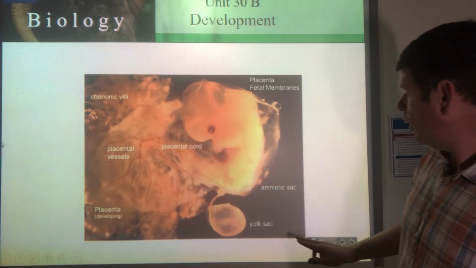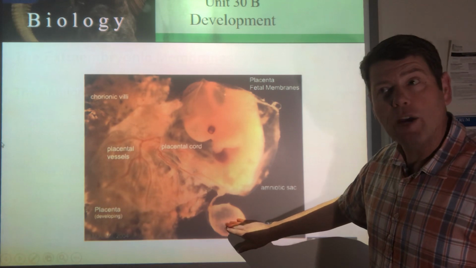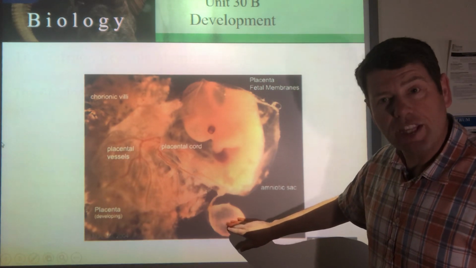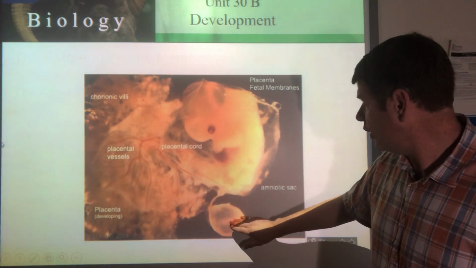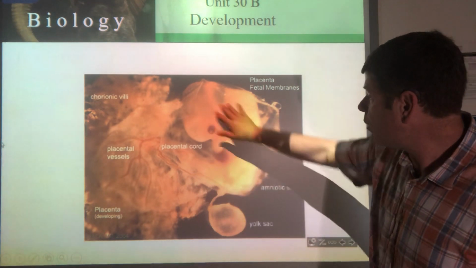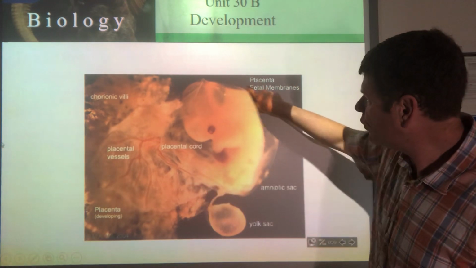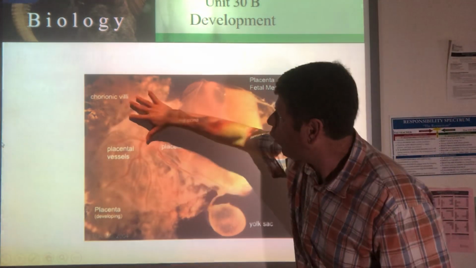Okay, so we also have what's called the yolk sac, which is thought to provide red blood cells initially before we have a fully functional heart and blood cells coming from bone marrow. Okay, there's the embryo itself. There's the amniotic sac filled with fluid, and over here will be the chorion.